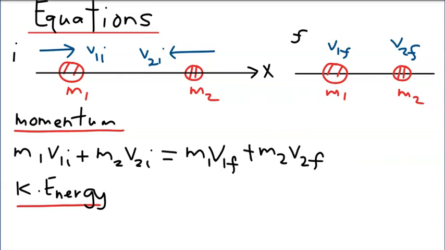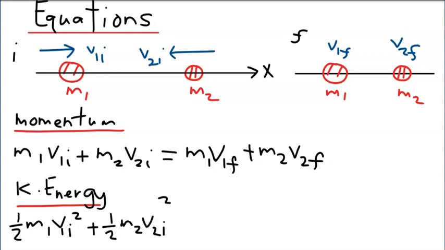Now, since this collision is elastic, the kinetic energy is also conserved. So the kinetic energy before is the kinetic energy of mass 1 before the collision, that is half m1 v1i squared. Essentially, that is the equation of kinetic energy. The kinetic energy before the collision for mass 2 is half m2 v2i squared.